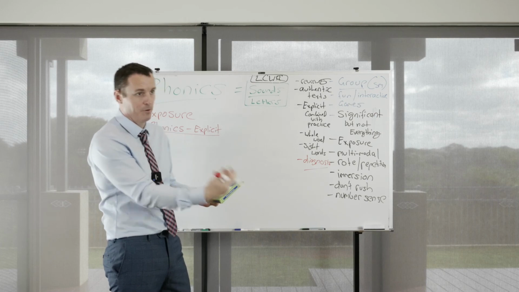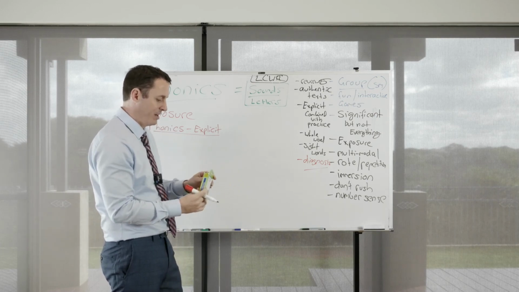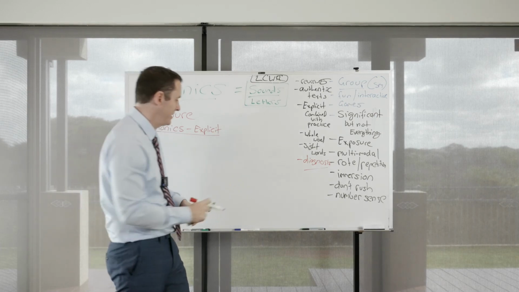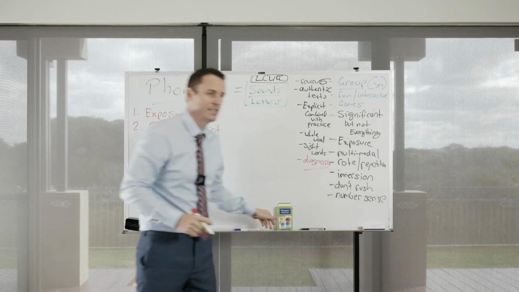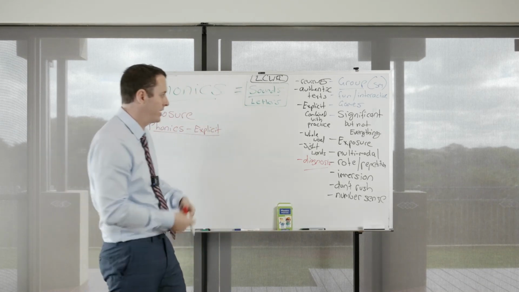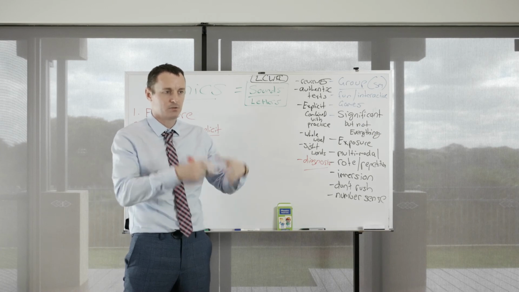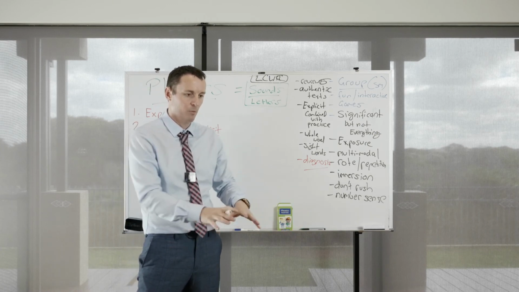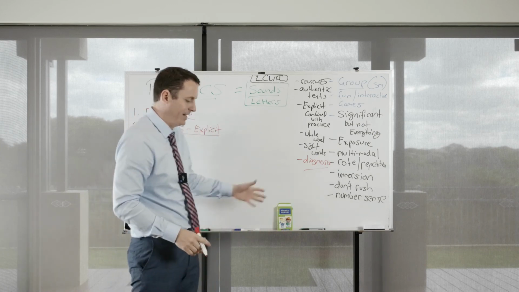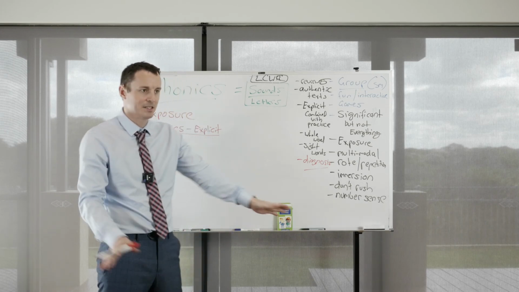Now that can be, for example, using picture cards or whatever other games or activities. Quite often there's a lot of tactile and kinesthetic type work where students have blocks or different ways of representing letters and sounds, and they move them around and that kind of thing.